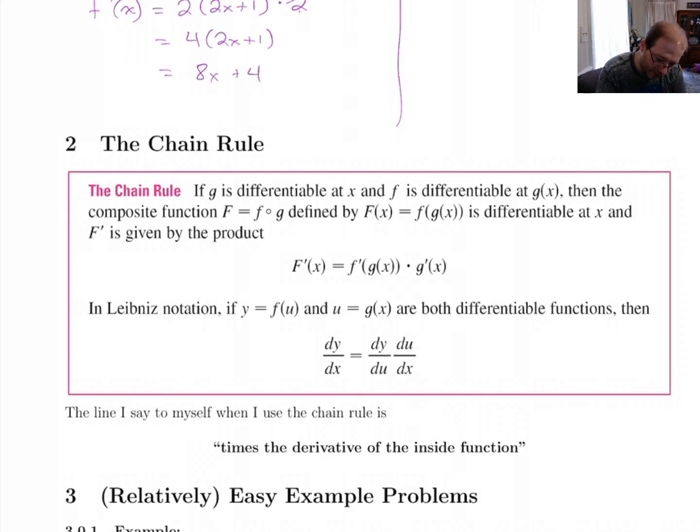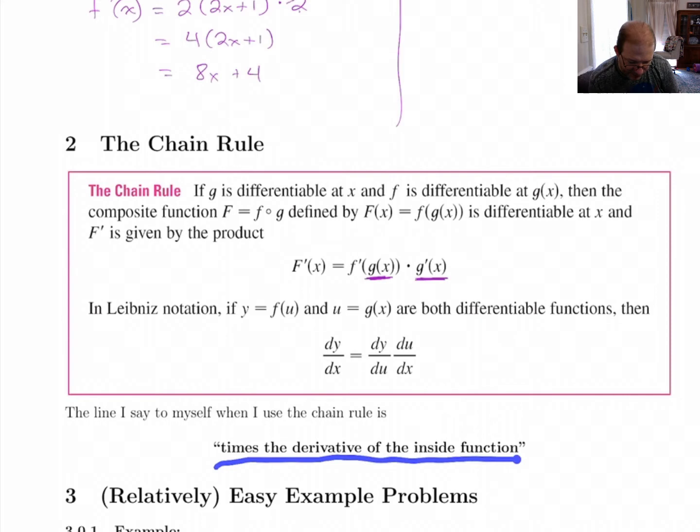If you think about what this is, that's treating this g of x like it's a big variable, and then g prime of x is the derivative of the inside function. And it's written out here in Leibniz notation as well. But the thing that I always say to myself when I do this is times the derivative of the inside function.